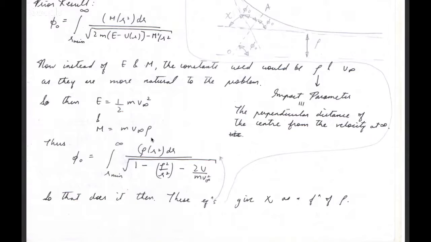Okay. I think the last term should be 2u by m square v square, according to my calculations. So you got it like rho by r square and v naught.